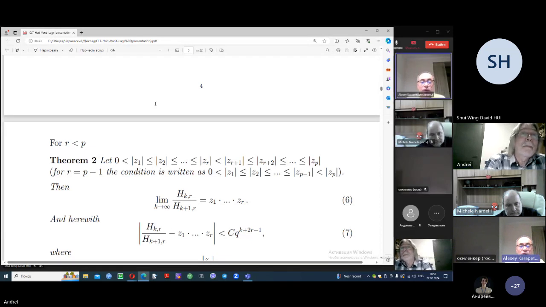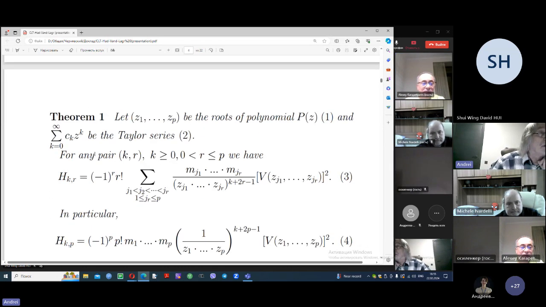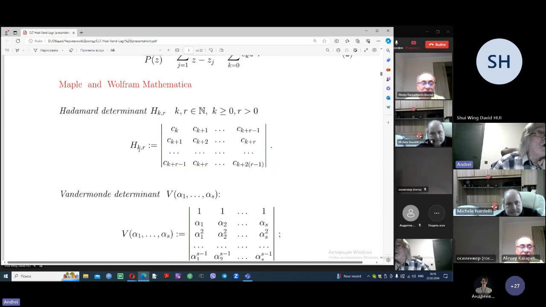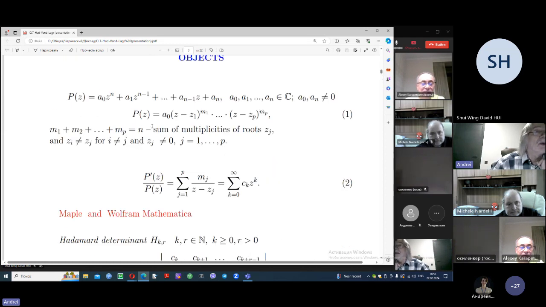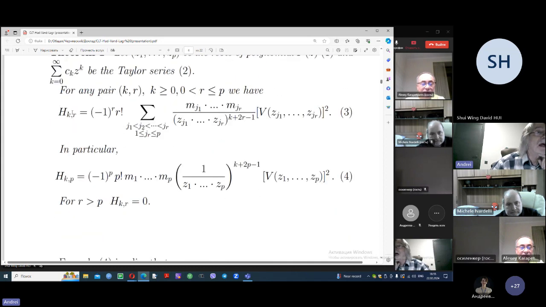Yeah, but you have to be sure that your method is stable when you take the degree of the polynomial to infinity. No. Sorry, no. For a given polynomial, we consider the Hadamard determinant.